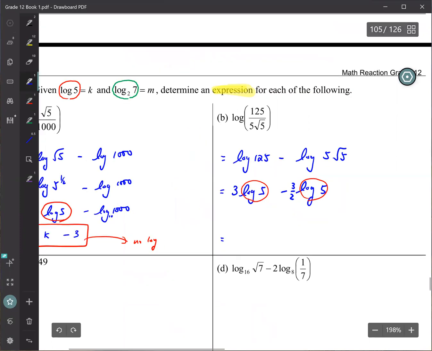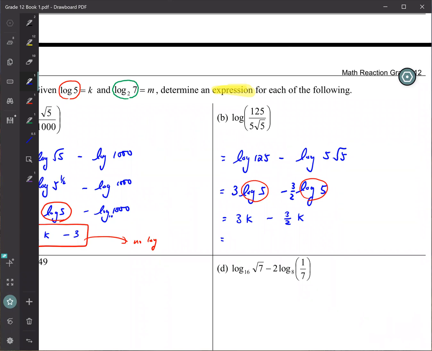So we would have 3k minus 3 over 2 k. And they are like terms, right? They are both k, so we can subtract them. So what's the final answer then? Kelly? Three over 2 k. Yep, so at the end we get 3 over 2 k.